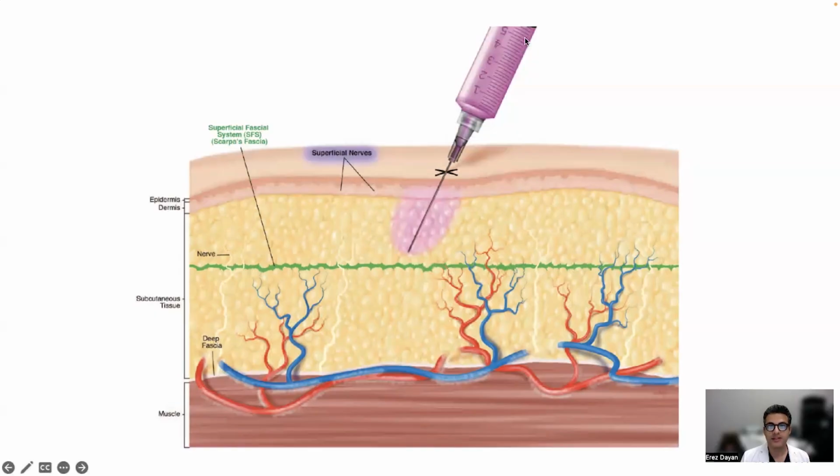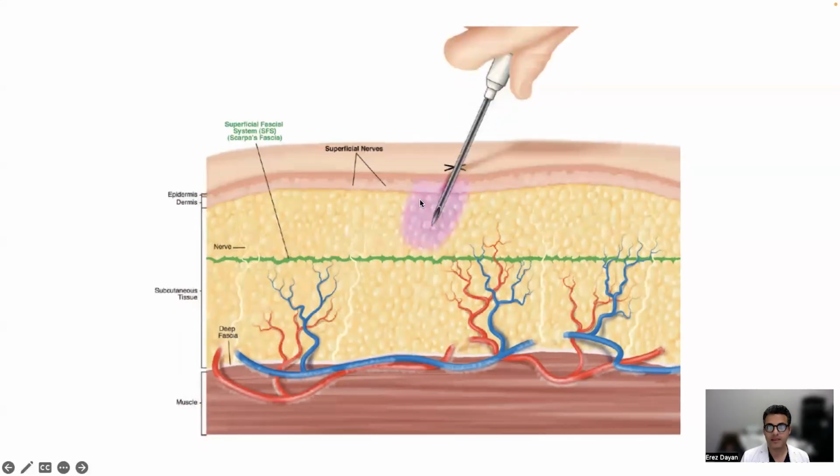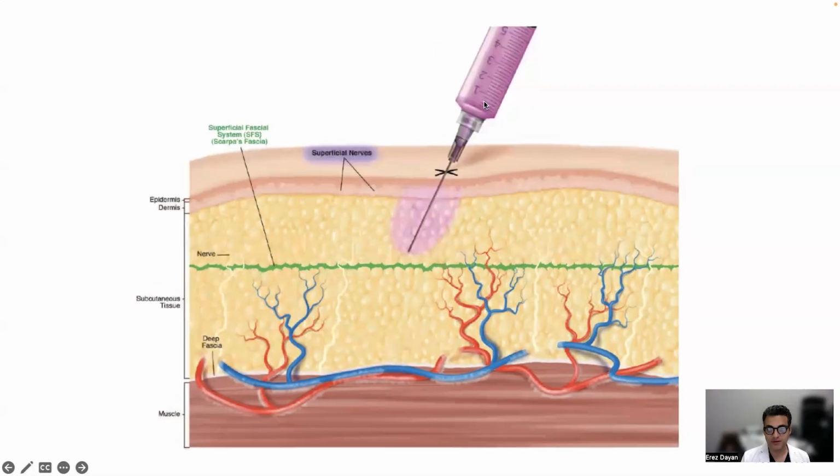Then what we're going to do is take a 10 cc syringe with 1% lidocaine with epinephrine, and we're going to inject that right in the subcutaneous space. An important point here is, do not inject the local anesthesia in the dermis. You don't want to create a wheal.